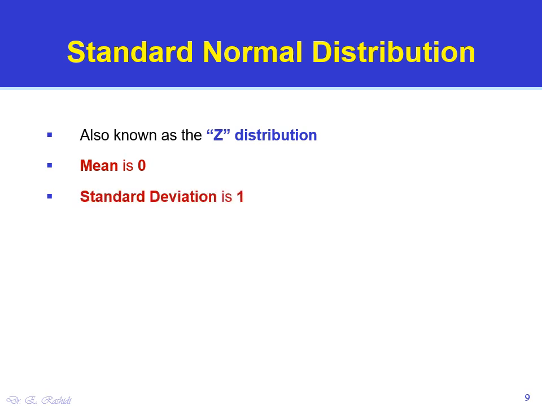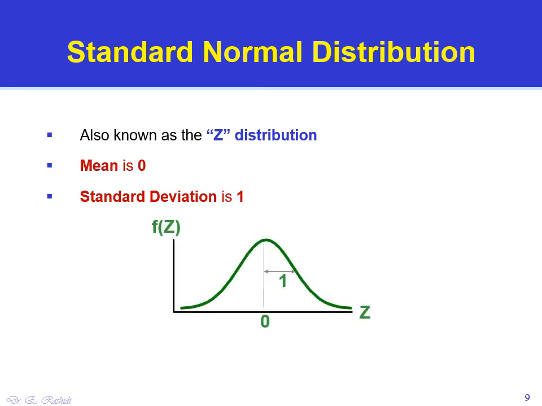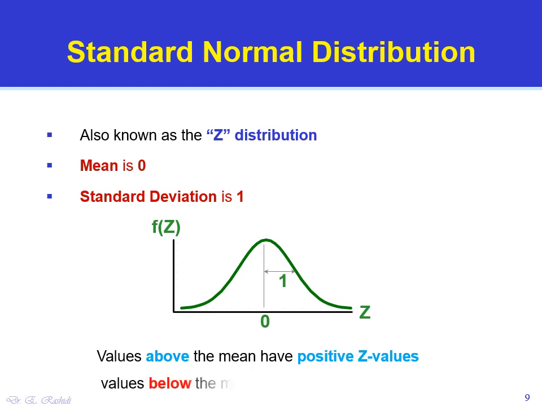It's a standardized version of the normal distribution, but the shape and many characteristics are the same. As we see here, the average is in the middle, which is also the mode and the median, and the standard deviation is 1. The shape is still bell-shaped and symmetrical. Values above the mean are positive, and values below the mean, on the left, are negative, because the average is 0 here.